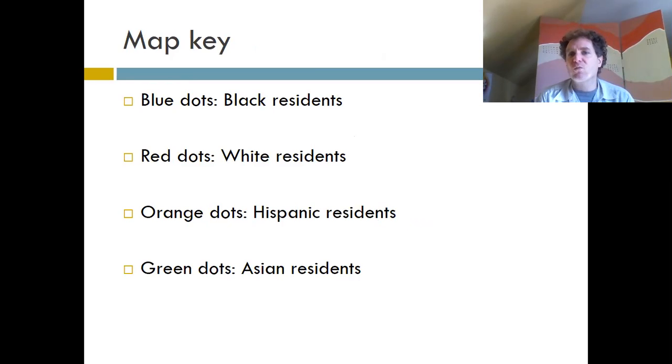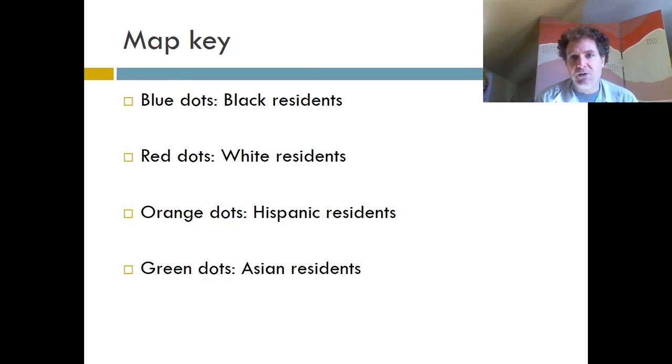We can map out the degree of segregation, and we can know certain facts about residential segregation. The average white American lives in a neighborhood that's 80% white. The average Black American lives in a neighborhood that's majority Black, 55% Black. And the average Hispanic American lives in a neighborhood that is also mostly made up of other Hispanics, 45% Hispanic.